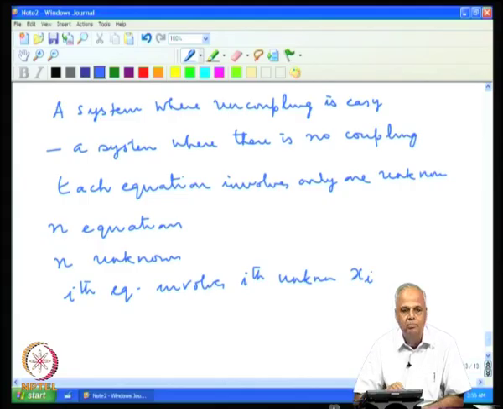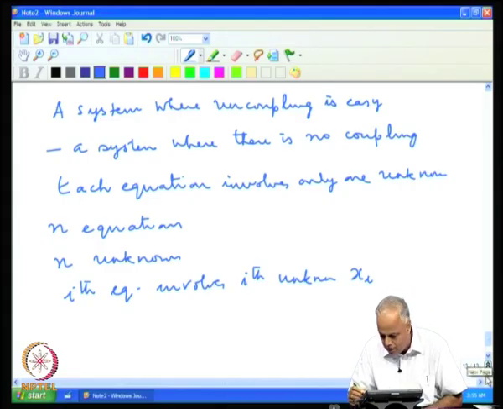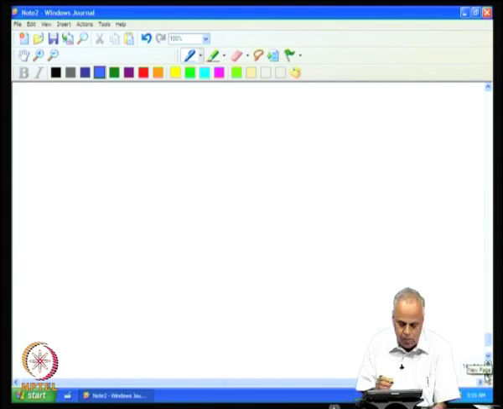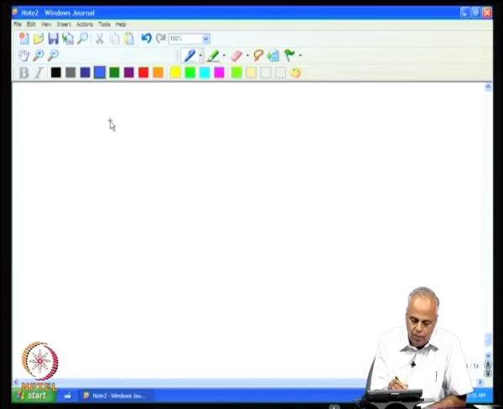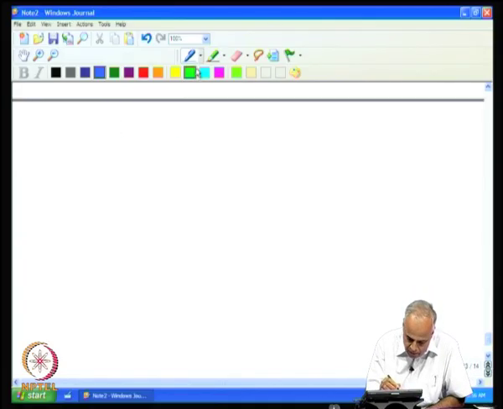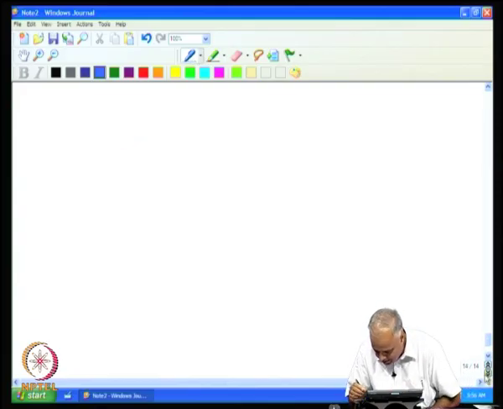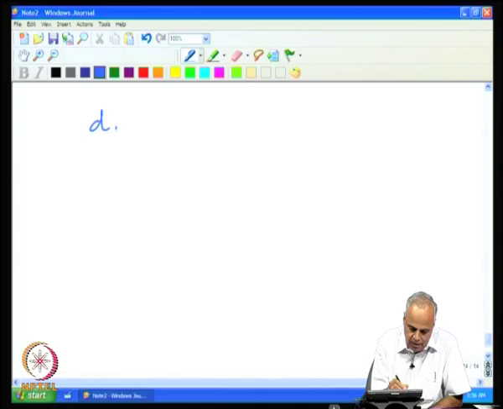xi. So, how does such a system look like? The ith equation will involve only the ith unknown. So, we will have the first equation d1 x1 equal to b1, d2 x2 equal to b2.